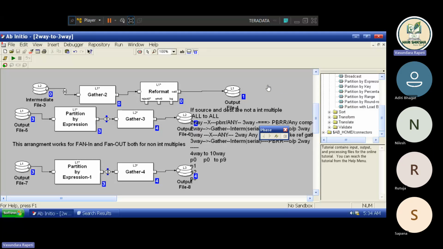And if it is fanning in with integer multiple, then just change the flow before the last component, whatever flow is there, to a fan in flow. In non-integer multiple, this method is used, and that will be enough. Otherwise it will do broadcasting and all those issues will be there.